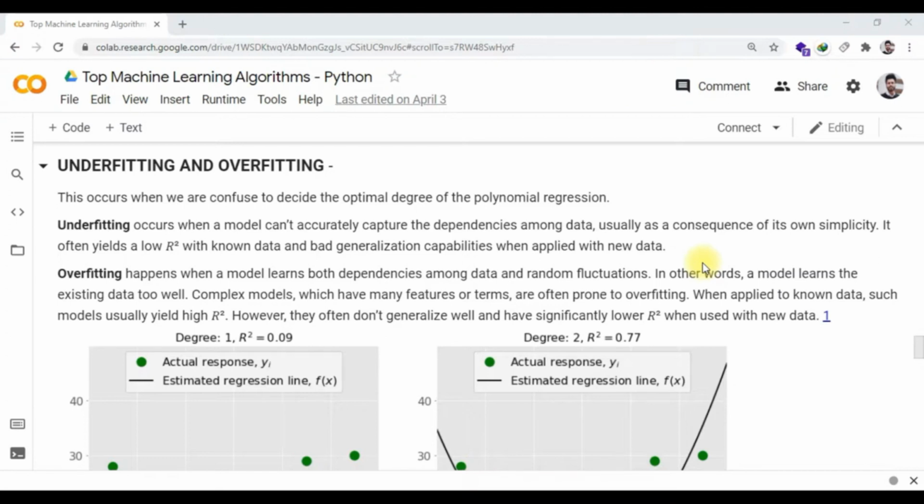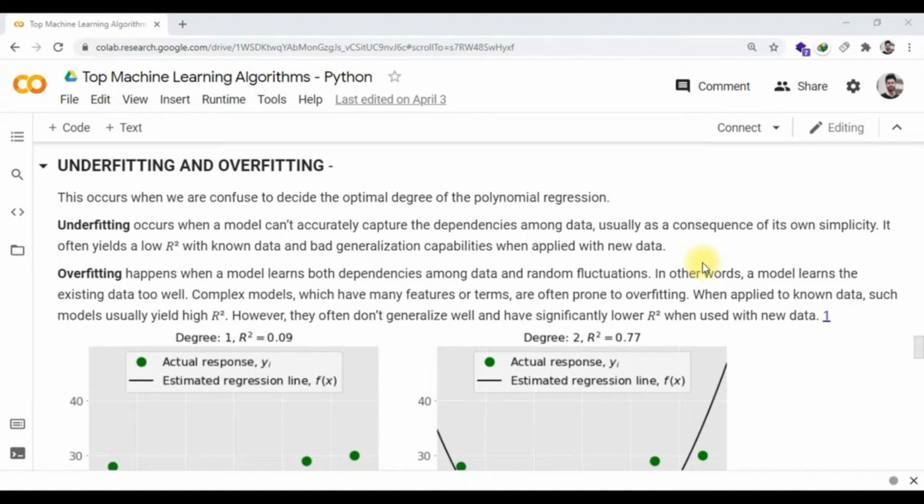But there are some conditions so that we are not trying to overfit or underfit our model. We just need the correct degree so that our model will predict with maximum accuracy on old data as well as new data.